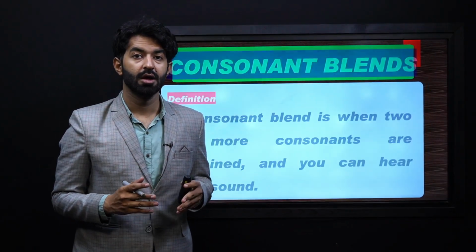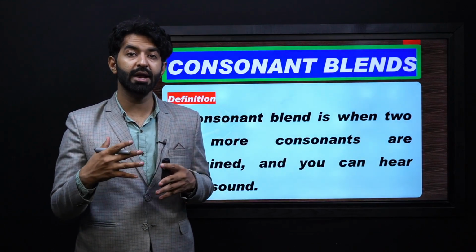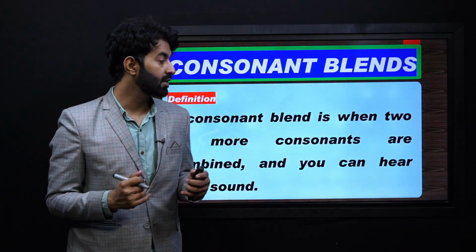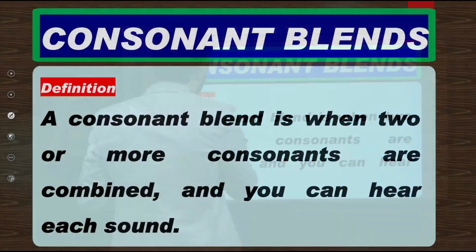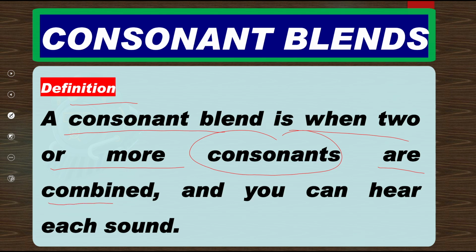Now, let's talk further about consonant blends. How do we blend consonants? How can we read them and write them correctly? A consonant blend is when two or more consonants are combined and you can hear each sound.